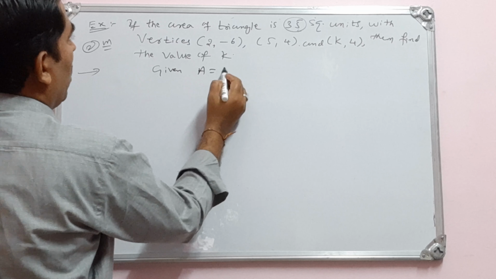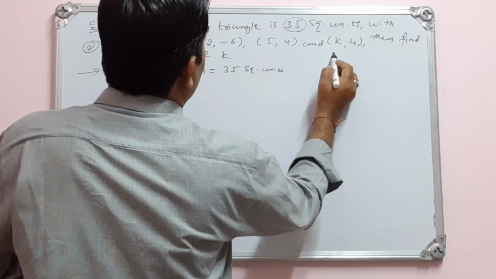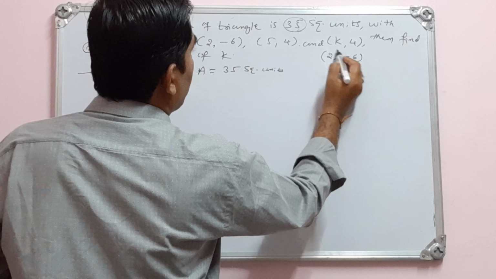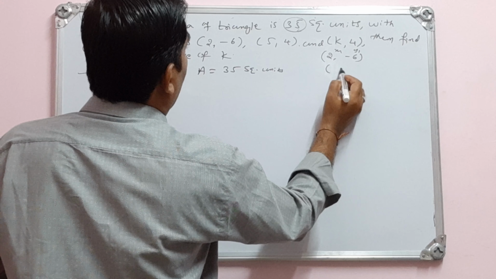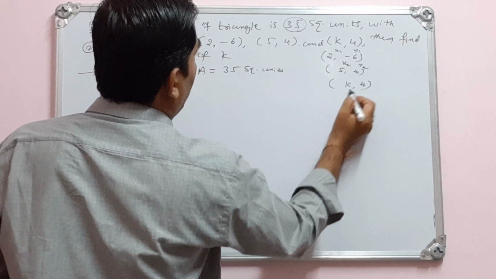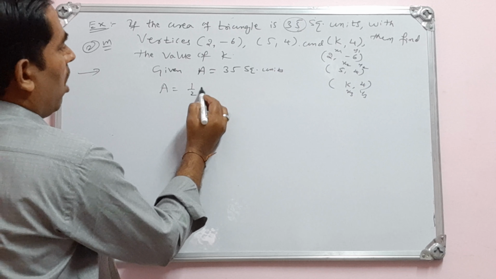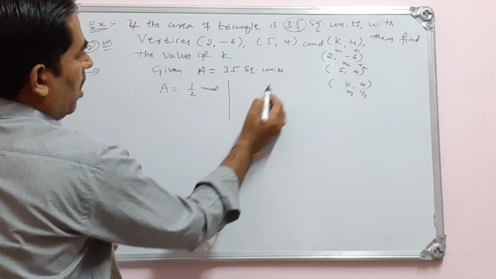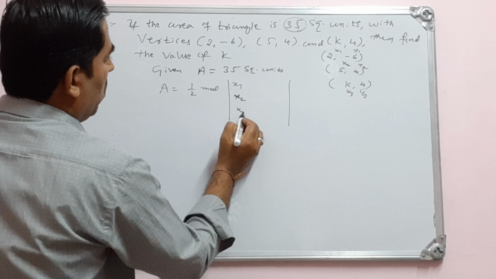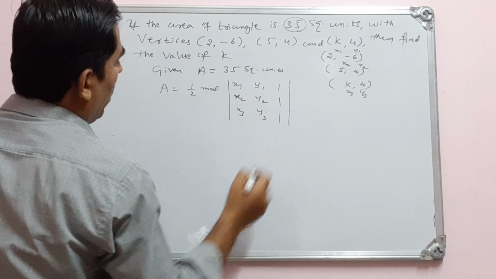Given area is 35 square units and the points are (2, -6), so it is x1 y1, then (5, 4), so it is x2 y2, and (k, 4), this is x3 y3. So our formula is half into mod of the determinant of x1 x2 x3, y1 y2 y3, 1 1 1.